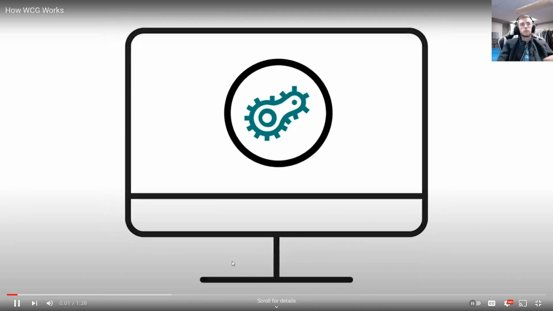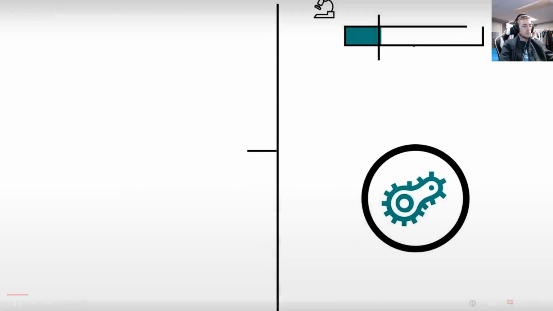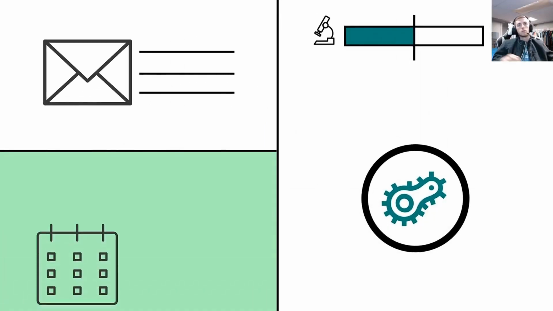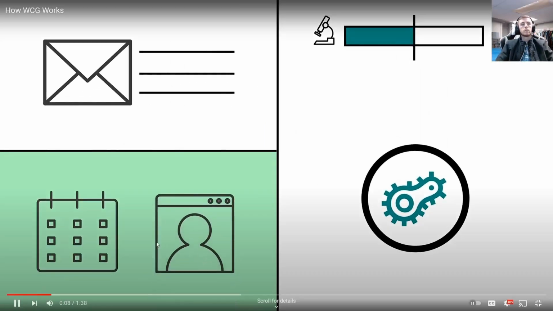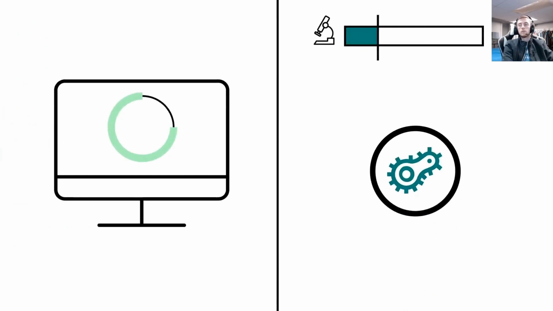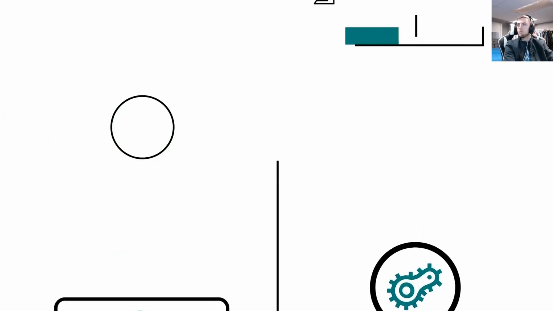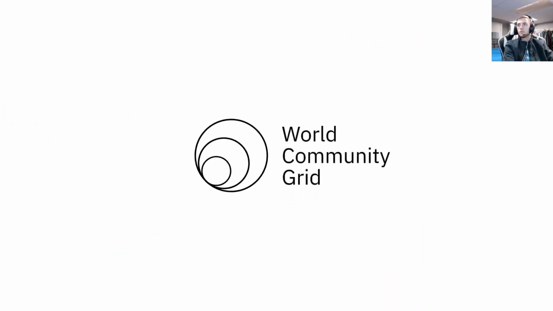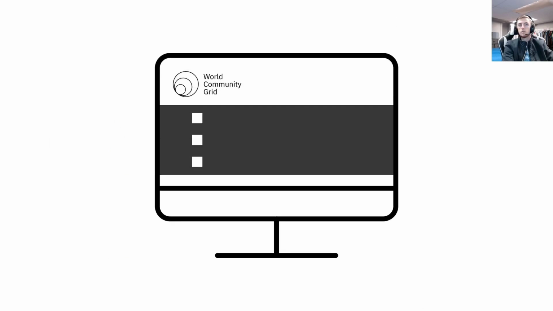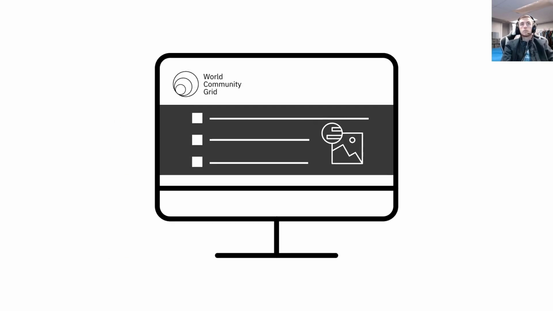What if you could help find potential treatments for cancer while responding to an email? Or help study bacteria while setting your weekly agenda? It's easier than you think. When you're using your computer, you're rarely using all of its available computing power. World Community Grid lets anyone donate their unused computing power to support scientists working in humanitarian research around the world.